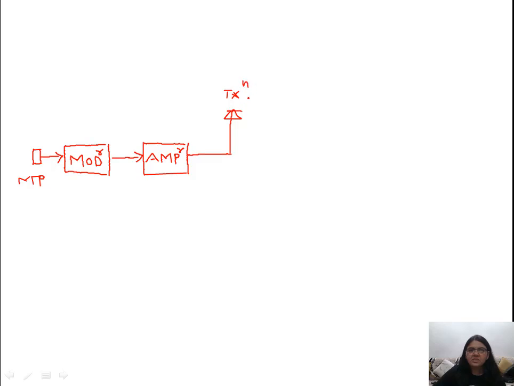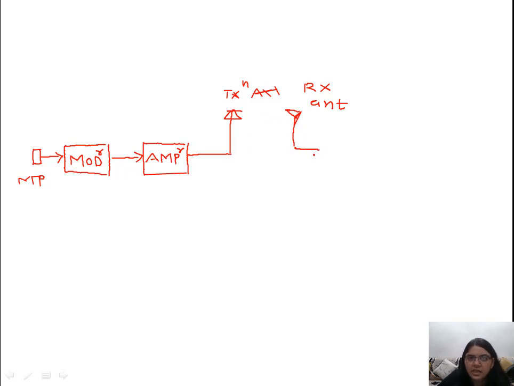This transmitting antenna will transmit the signal, and that signal is received by the receiving antenna.